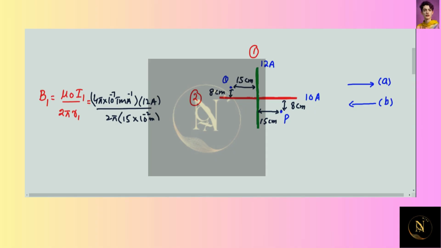This gives us the magnitude of magnetic field at point P and point Q due to wire 1 equal to 1.6 times 10 to the power minus 5 Tesla.